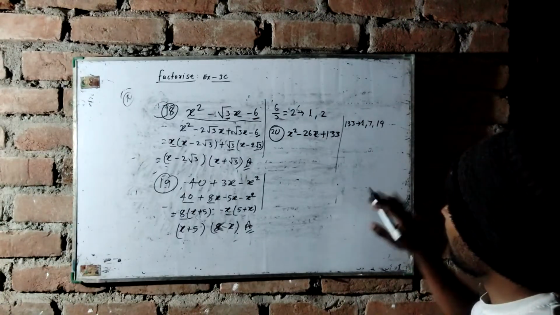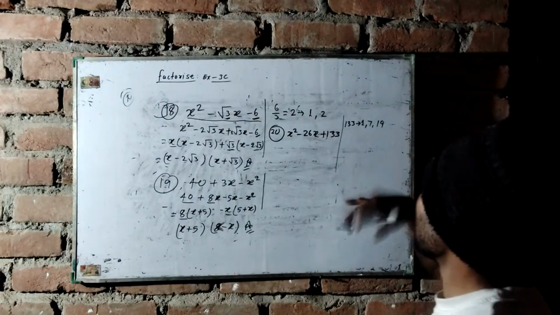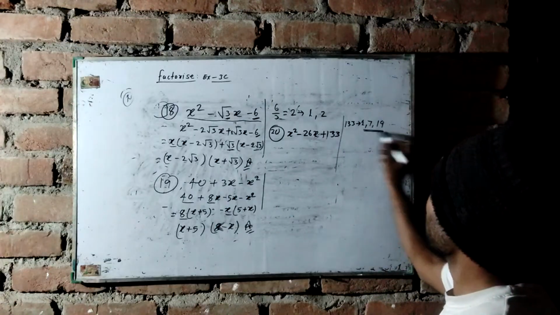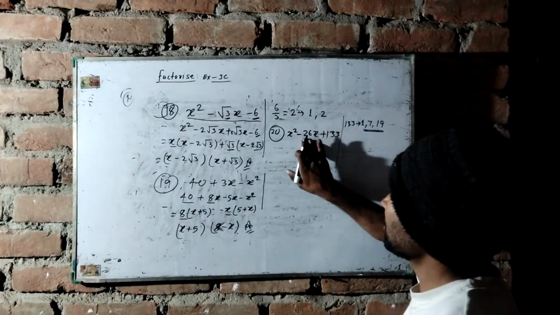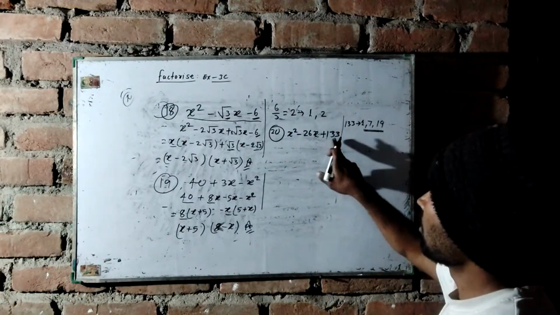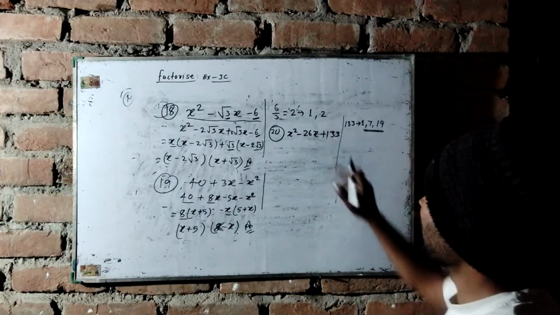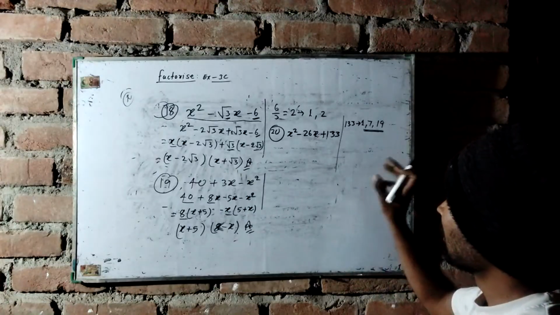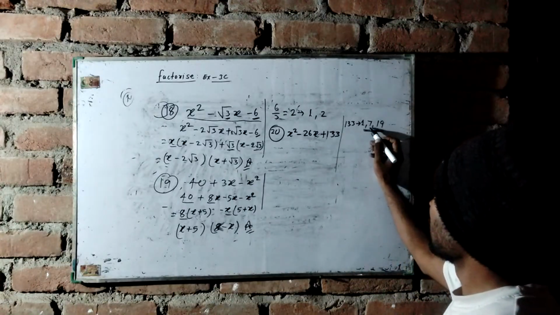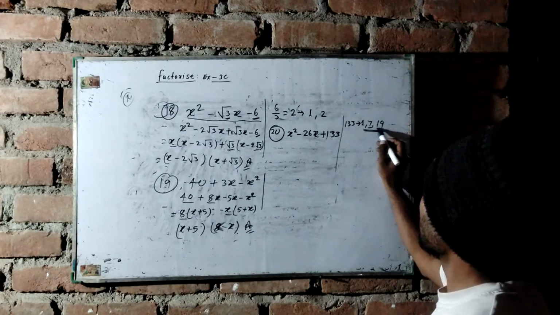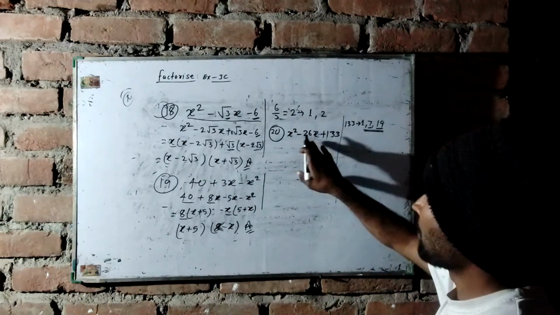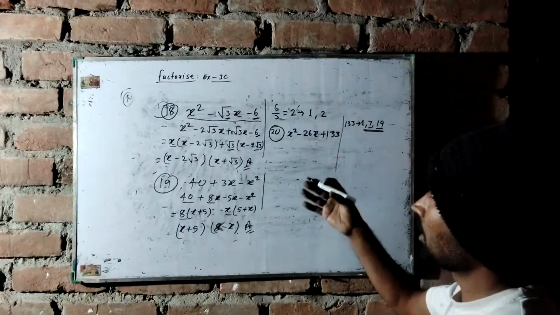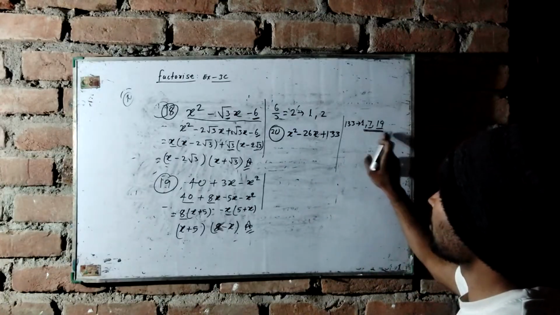So we choose two numbers from here whose sum will be minus 26 and their product will be 133, and we consider two numbers 7 and 19. But their sum should be minus 26, so we need to take minus sign with these two numbers.